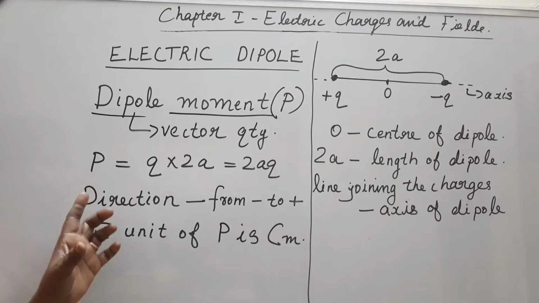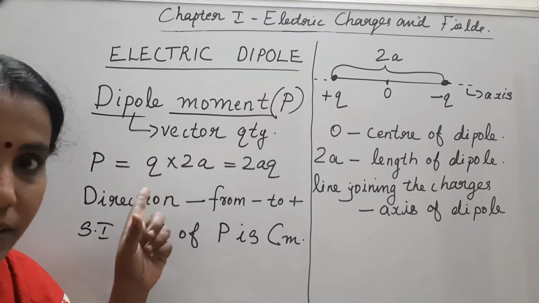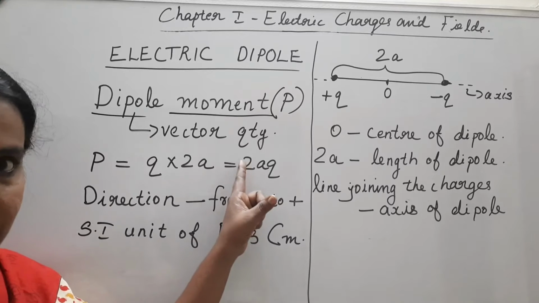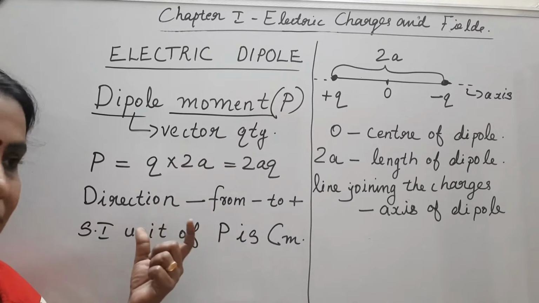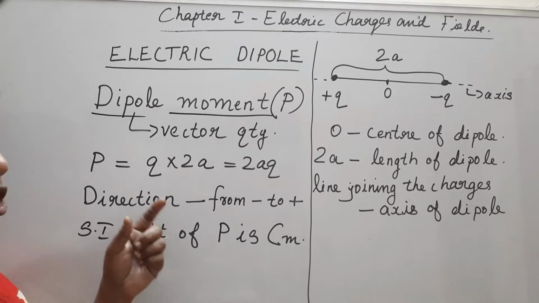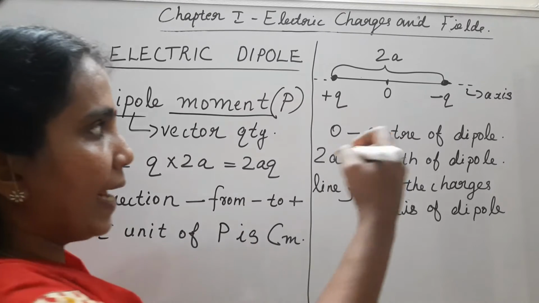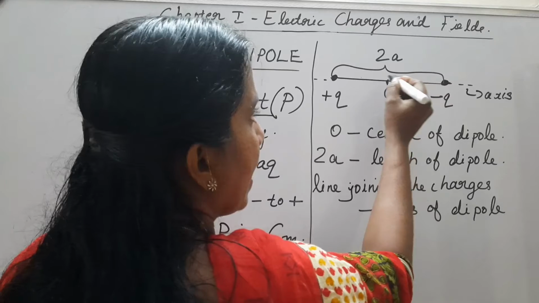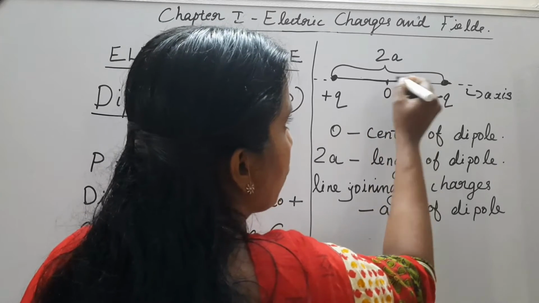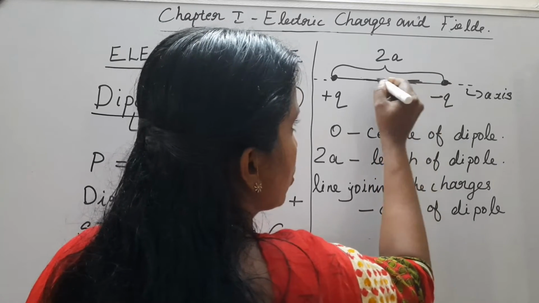And what is its direction? We said it is a vector quantity. Magnitude, we said, is 2aq. And what is its direction? Direction is from negative to positive. In this diagram, if we are representing the direction of P, it is from negative to positive.